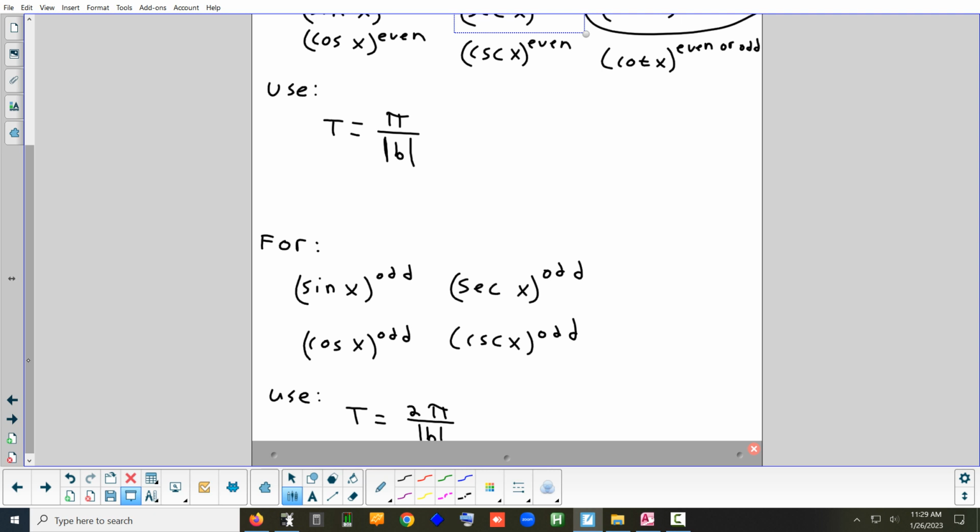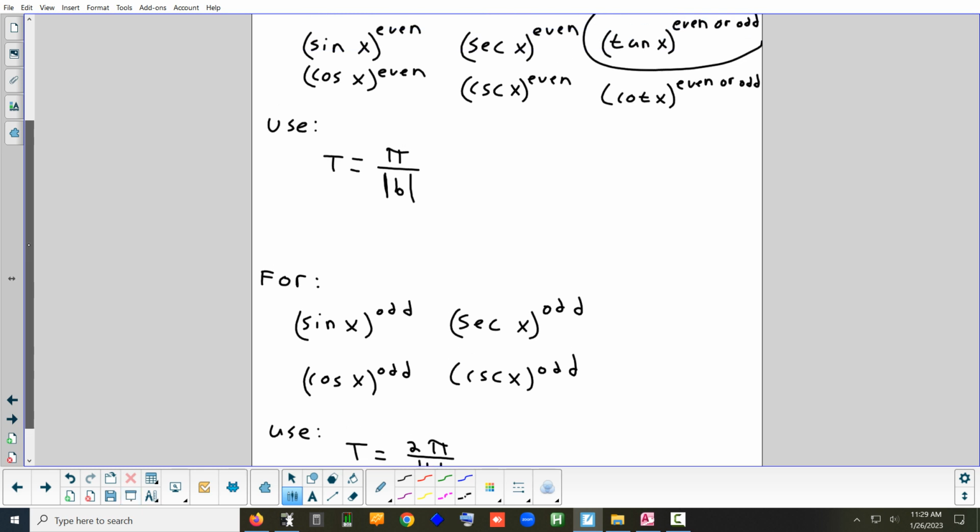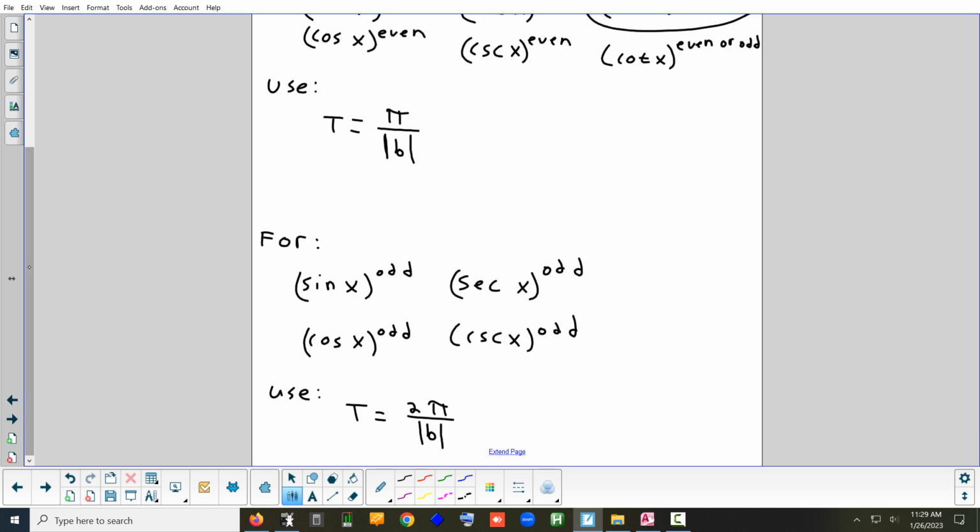That's usually the letter they use for period. I don't know why. So you might have a different way you can organize that to make it shorter, but that's when you use each formula. So use pi over b if you have any of the top cases. Use 2 pi over b for any of the bottom cases.